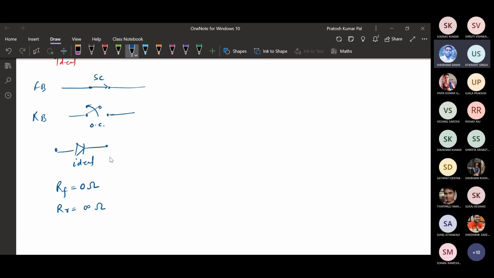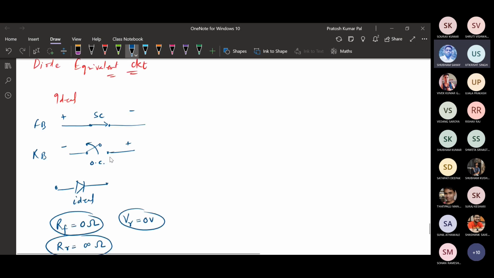And also in forward bias, once we apply 0 voltage, then only it will be a short circuit in case of an ideal diode. So here the cut-in voltage or the knee voltage in the ideal case will be 0 volt. Okay, so this was the ideal case.